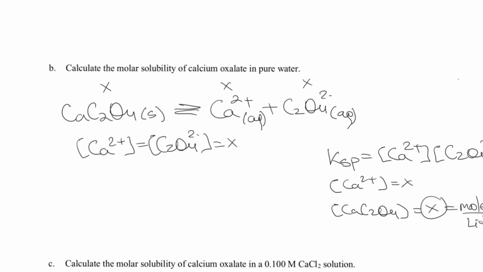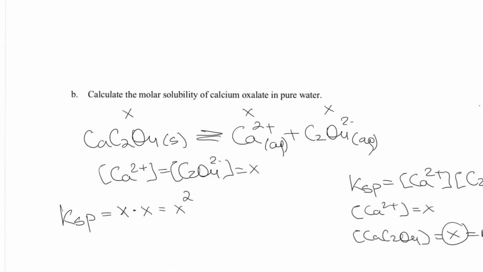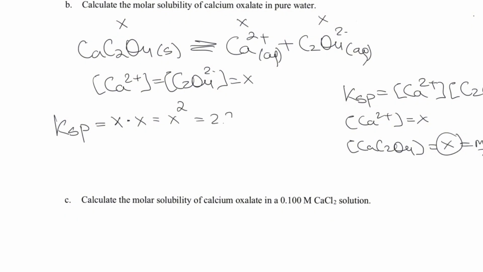Now we substitute this into the Ksp expression. So Ksp is equal to X multiplying by X, which is X squared. We are given the solubility product constant, which is equal to 2.7 times 10 to the power of negative 9.